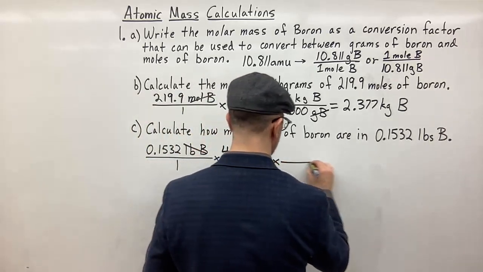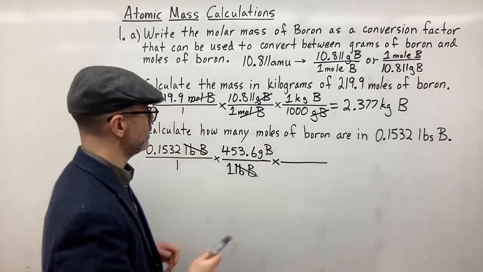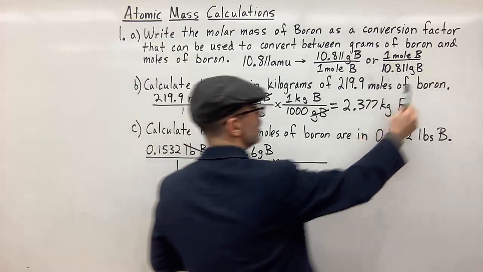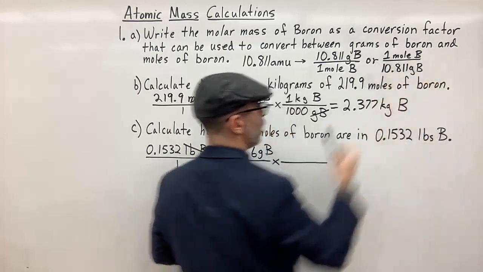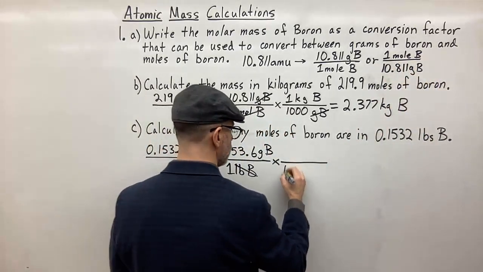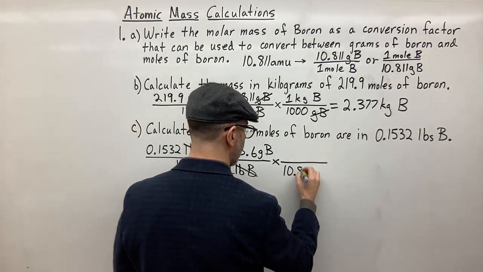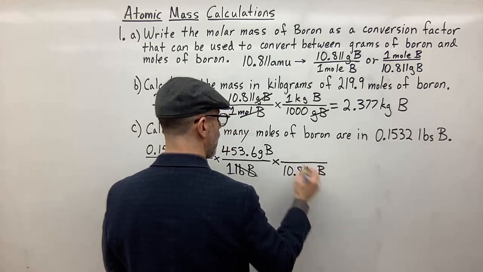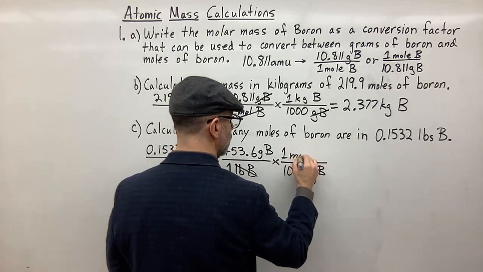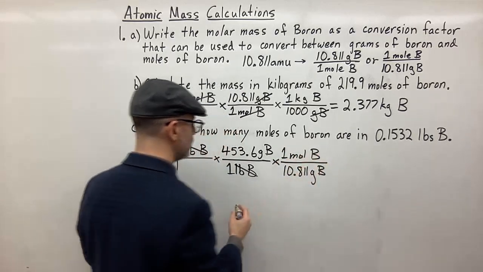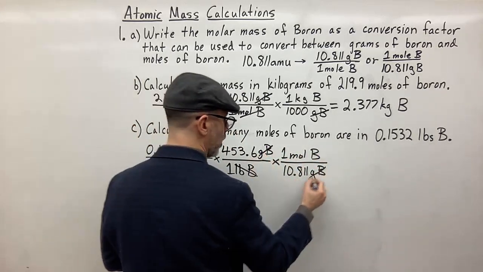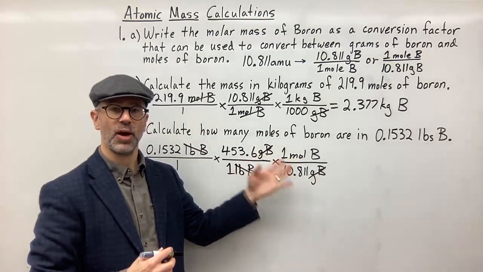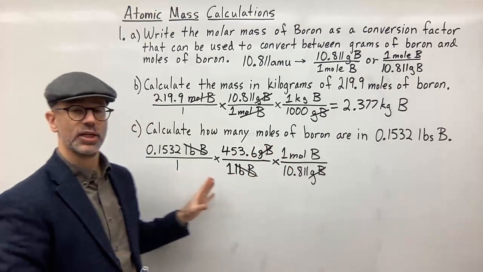I'm now going to set that up. Since I have grams on top, I'm going to need grams on the bottom. So this time I'm going to put 10.811 grams of boron on the bottom and 1 mole of boron on top. So now grams of boron cancels out. Now I have moles of boron on the top. That's what I want. So now I'm done with the conversions.